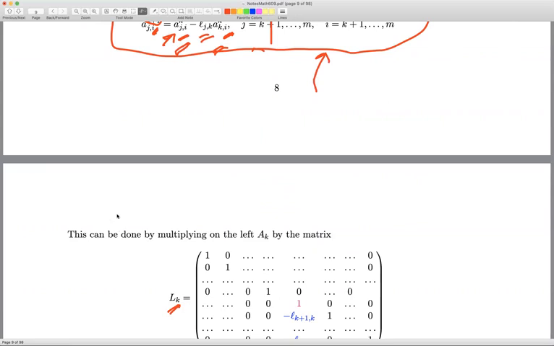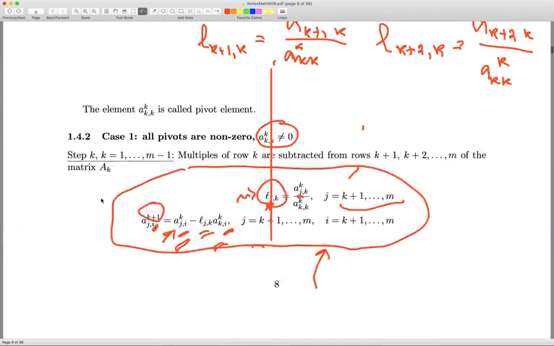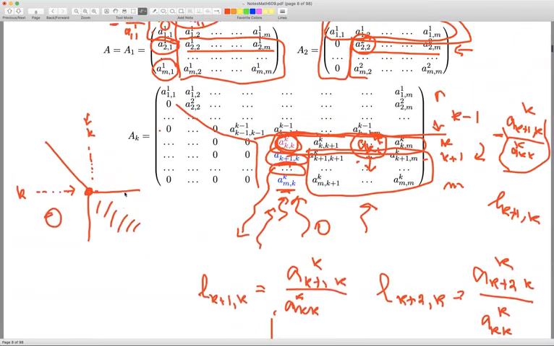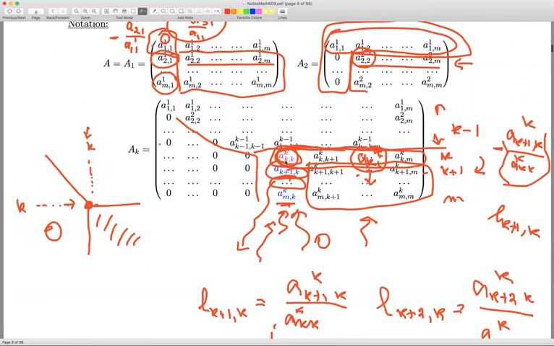So how do we construct the matrix LK? If we look back here, we know that at step k, we are at row k and column k. So this is the column k.